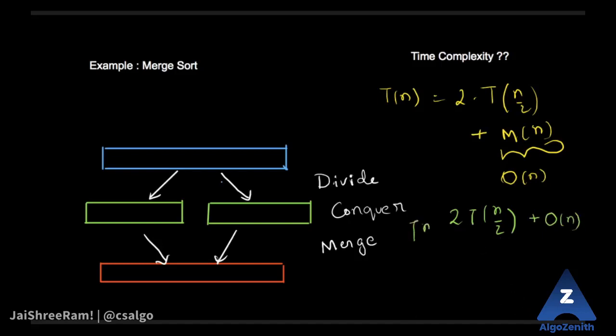T of n equal to this, we know using the Master Theorem that this is equal to order n to the power log of 2 base 2, that is equal to order n, and since these are the same, we just add a log n to it, so this will take us order n log n, and it is quite a known fact that merge sort takes order n log n time, right?